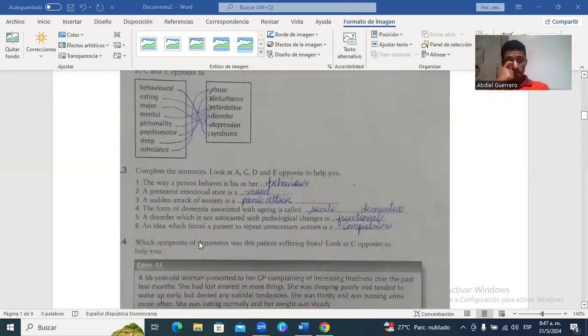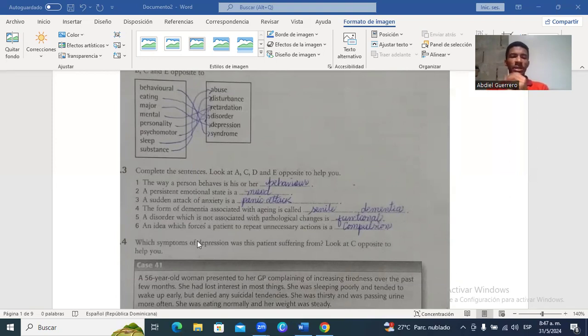Complete the sentence. Look at A, C, D, and E opposite to help you. The way a person behaves is his or her behavior. A persistent emotional state is a mood. A sudden attack of anxiety is a panic attack.